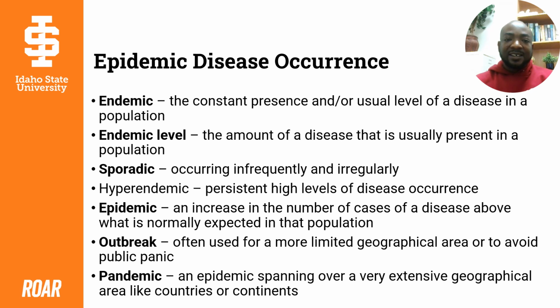Cluster refers to an aggregation of cases grouped in place and time that are suspected to be greater than the number expected, even though the expected number may not be known. And a pandemic refers to an epidemic that has spread over several countries or continents, usually affecting a large number of people.